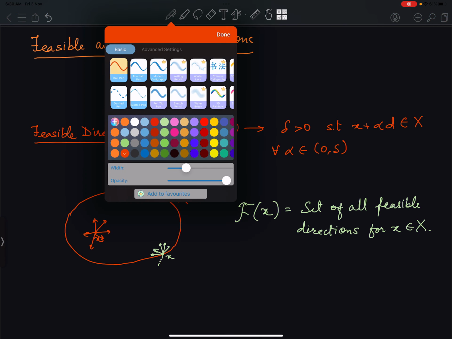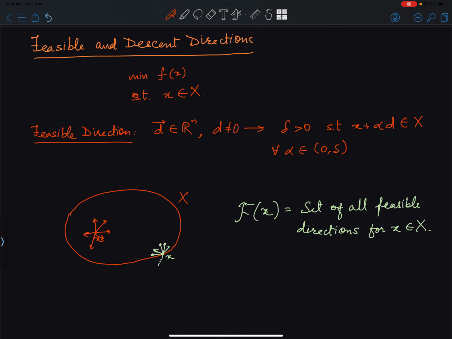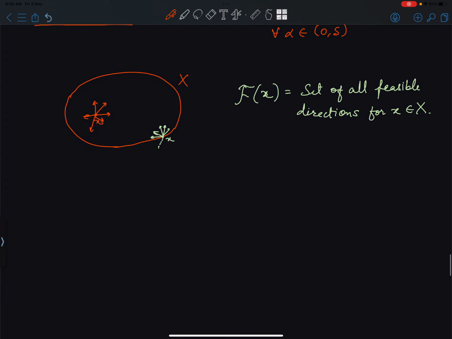Now let us define descent direction. A descent direction basically means you move in a direction and the value of the function f decreases, right?